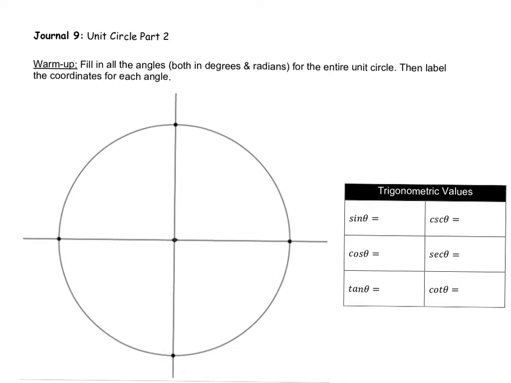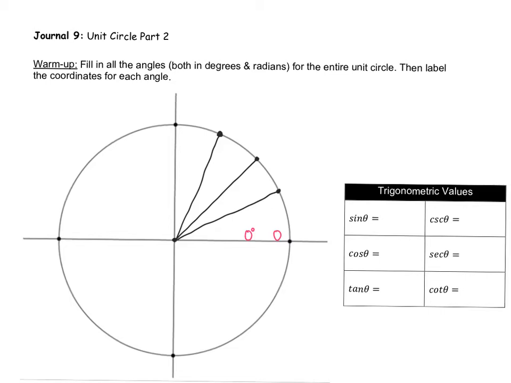So last time we looked at the unit circle, we made the angles using the right triangle. So I am going to draw my angles. The first angle that sits on the x-axis, we always start at 0 degrees. So this is 0 degrees, and that is converted to 0 radians.